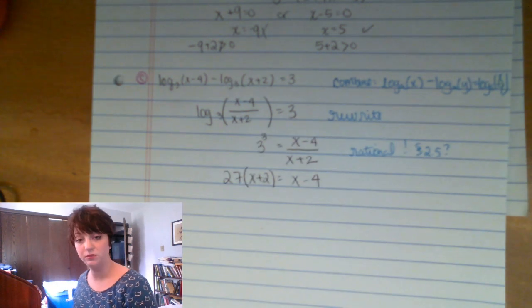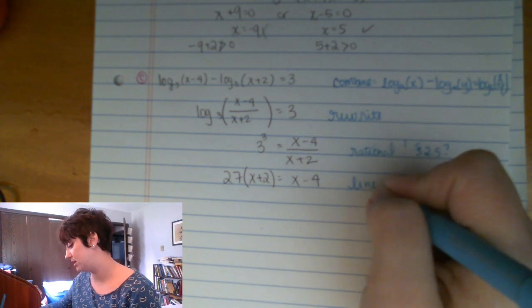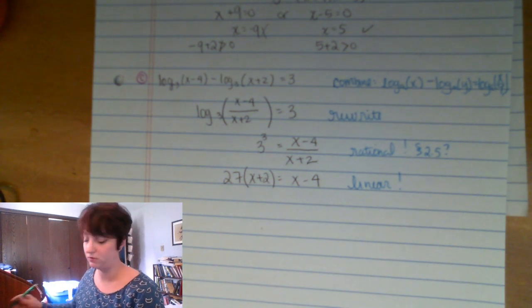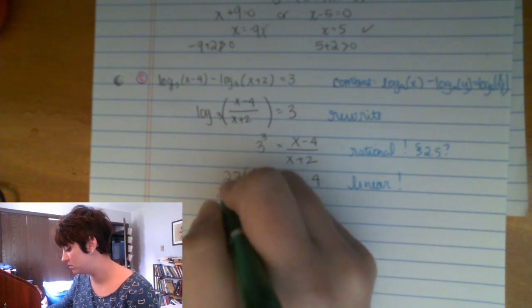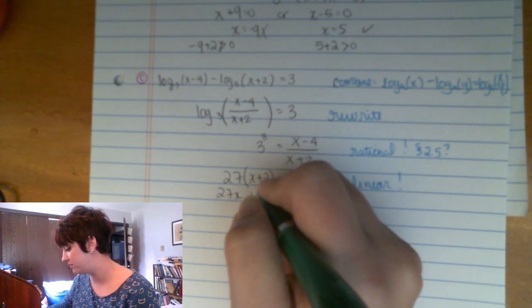All right, so I multiply the denominator over. Now it's linear in x. All right, so we get to solve it, you know, like we're used to. So x minus 4 equals 27x plus 54.